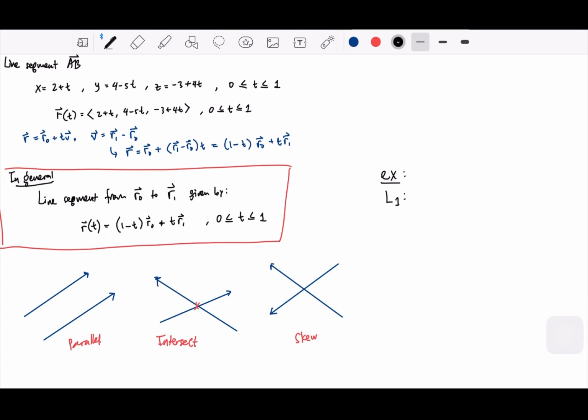Of course, what we are going to do is prove whether this is skew or not.